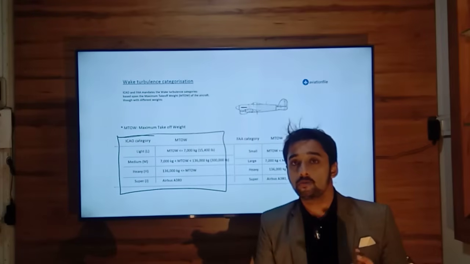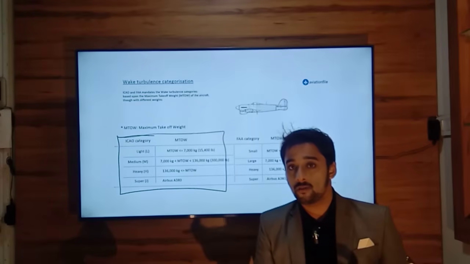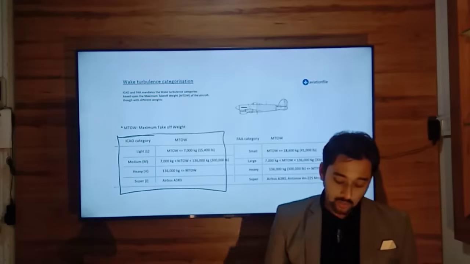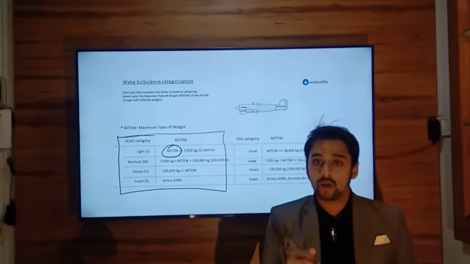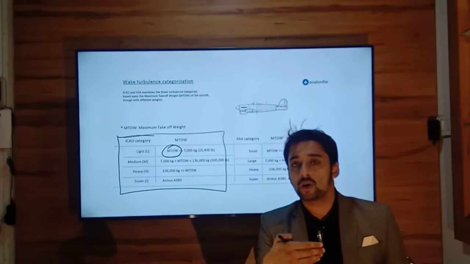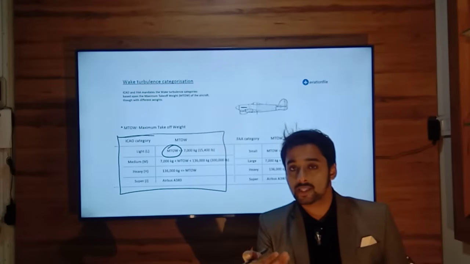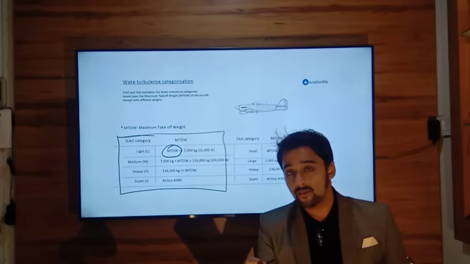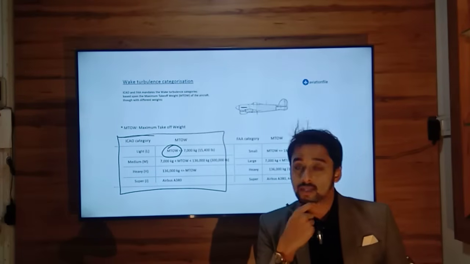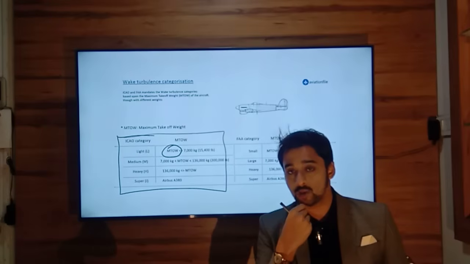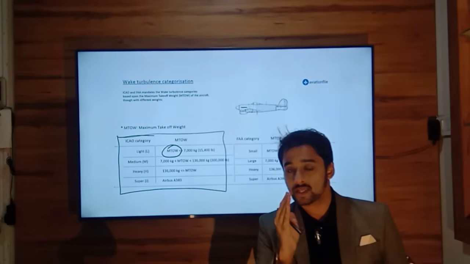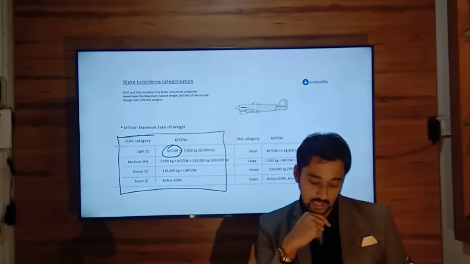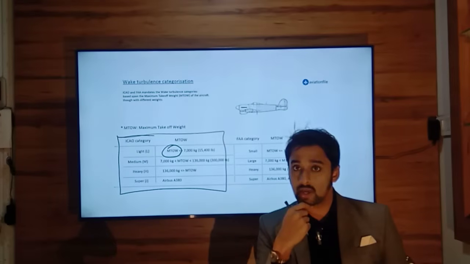For an aeroplane to be light from the perspective of wake turbulence category, its maximum takeoff weight, remember this word, it is maximum takeoff weight, not regulated takeoff weight, not maximum payload, not maximum zero fuel weight or maximum landing weight, should be less than 7,000 kilograms.